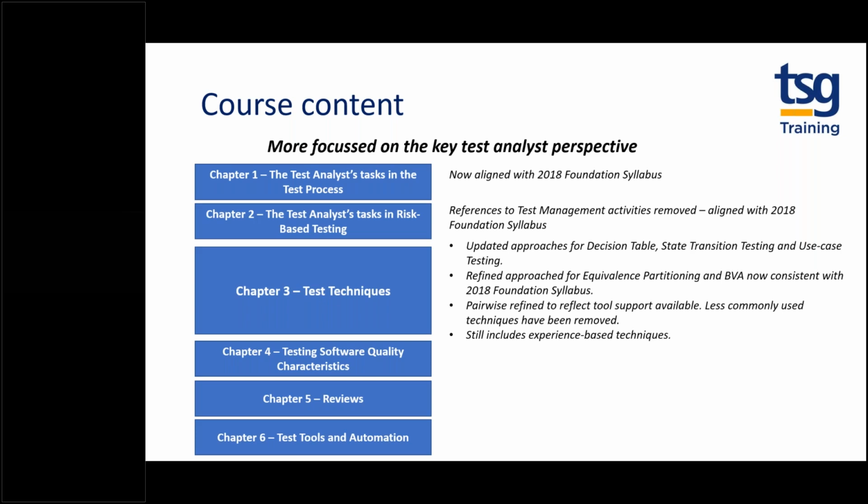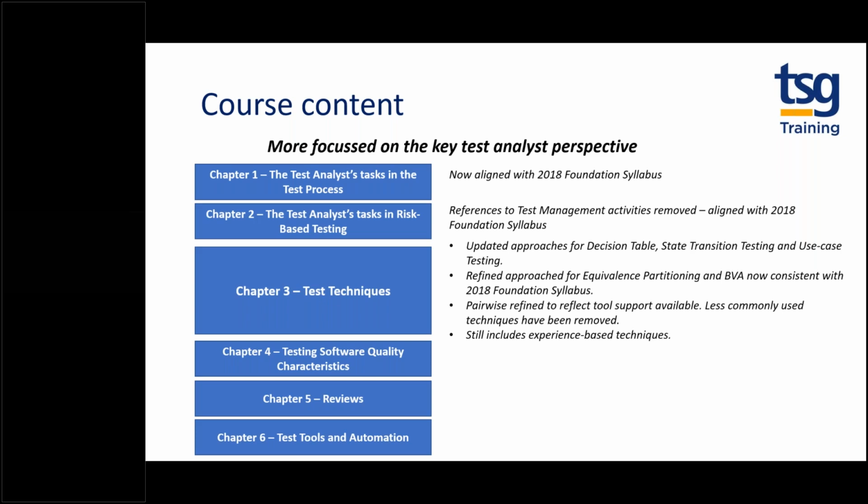There's more detail on coverage approaches used in both decision table testing and state transition testing, and there's more detail and clarity in the approaches for use case testing, which are introduced in the foundation course, but now we've got more detail on how to systematically apply them.